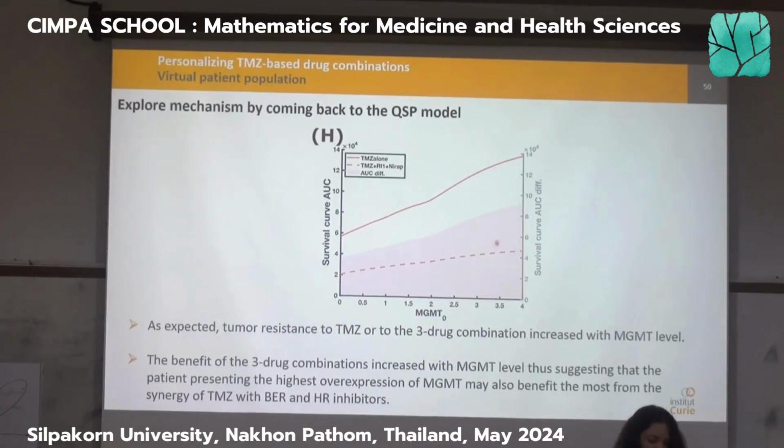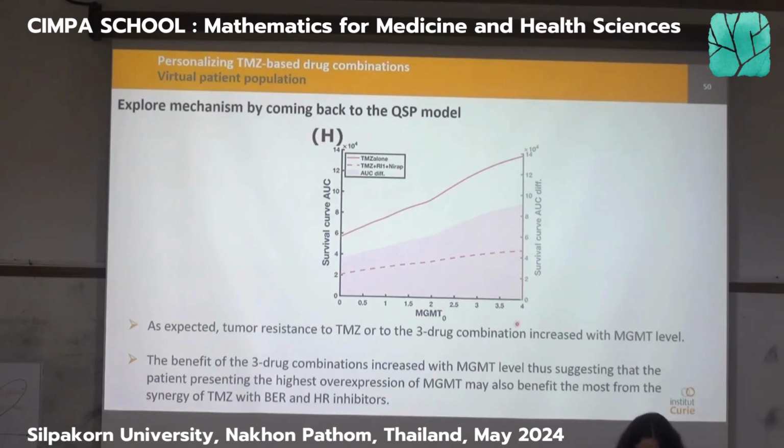As you can see, those curves are not parallel. They are going like this. What does it mean? It means that those patients with a very, very high amount of MGMT have a better, a higher benefit to have the optimal drug combination.